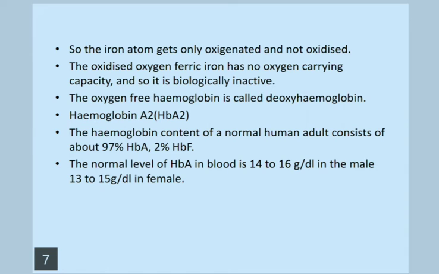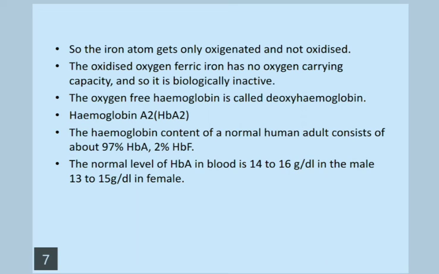In adult human beings, there is yet another type of adult hemoglobin called hemoglobin A2 or HbA2. Its globin part is formed of two alpha chains and two delta chains. Each alpha chain is formed of 141 amino acids and each delta chain is formed of 146 amino acid residues.